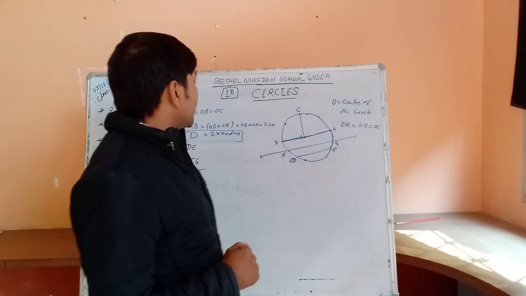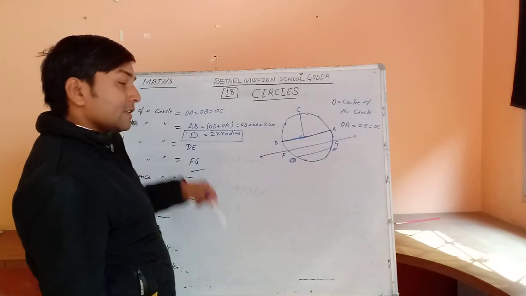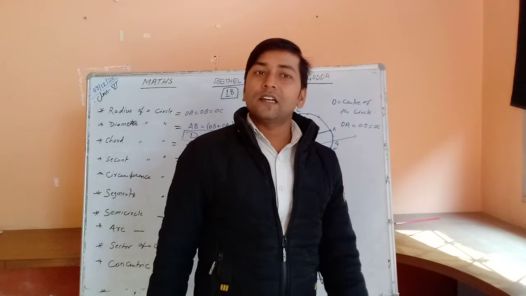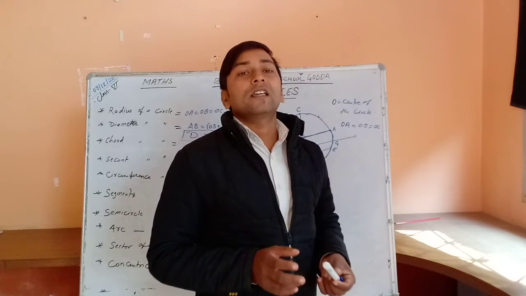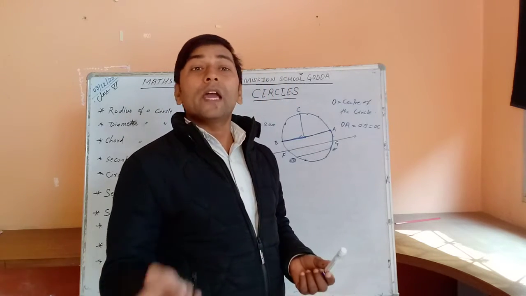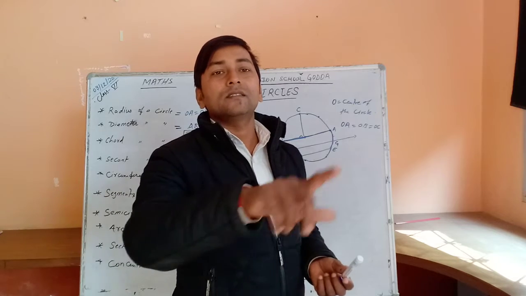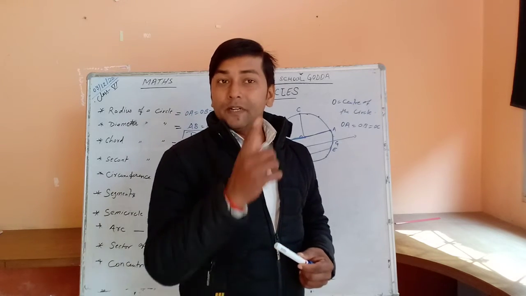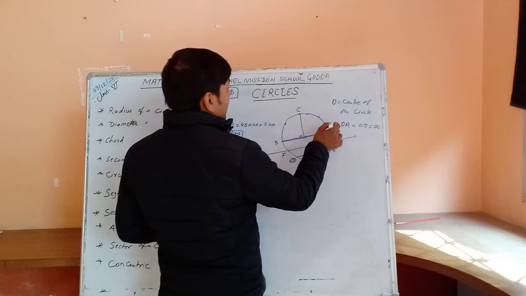Now we know about the circumference of a circle. What is the circumference of a circle? Circumference of a circle means the perimeter of the circle. It means the distance.